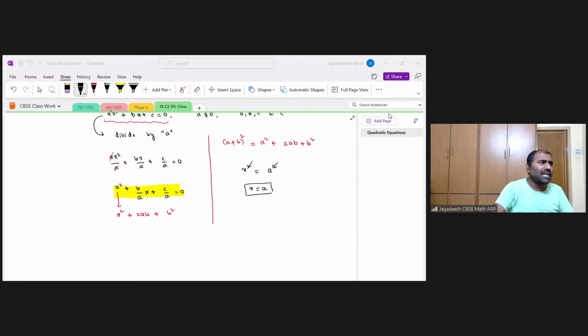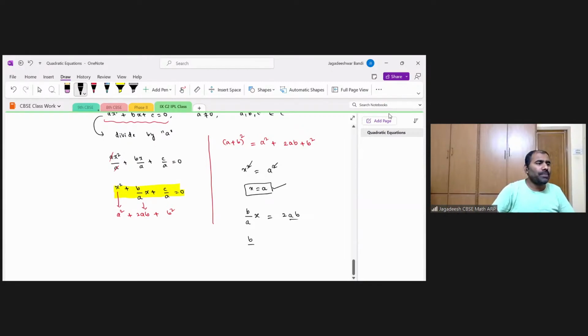Now let us compare the second term. In the last step of our equation, the second term is b by a times x. But in the expansion, the second term is 2ab. Already the a value is x, substitute here.